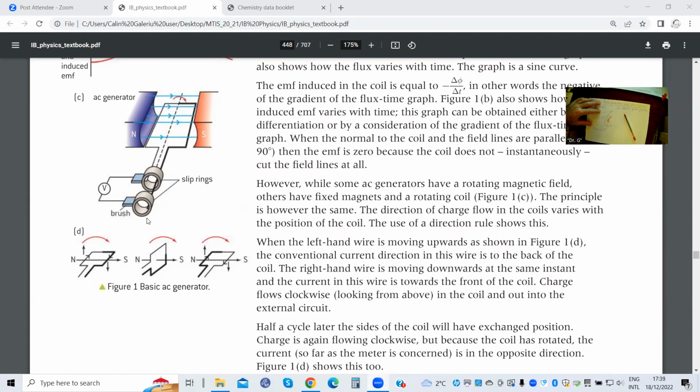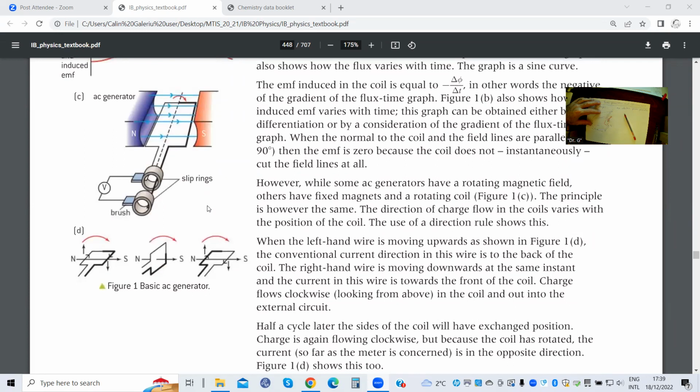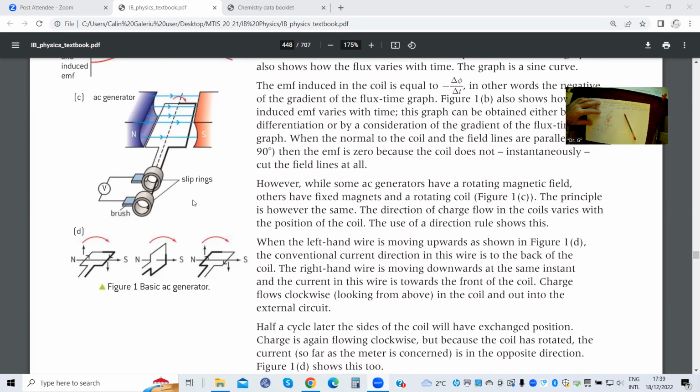Now of course after a while these electric contacts at the brushes wear off, and you have to replace them. And this problem shows up in electric generators and also in electric motors.